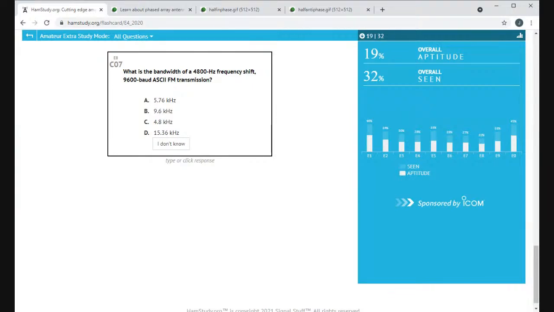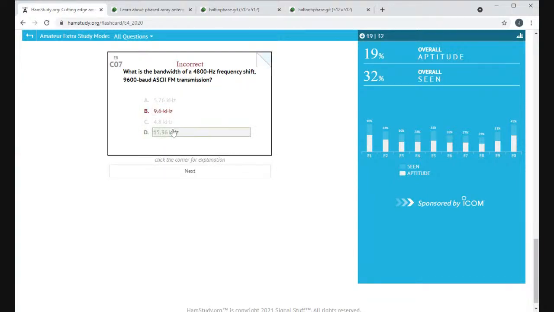D, 15.36 kilohertz. I'm going to pick B, 9.6 kilohertz, even though I think that's wrong.